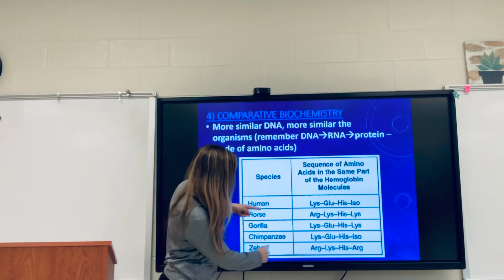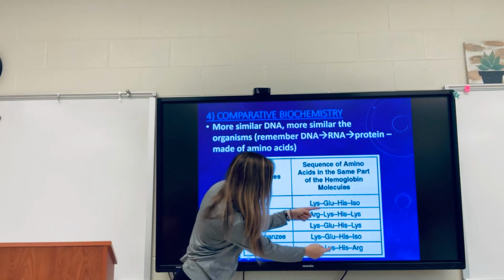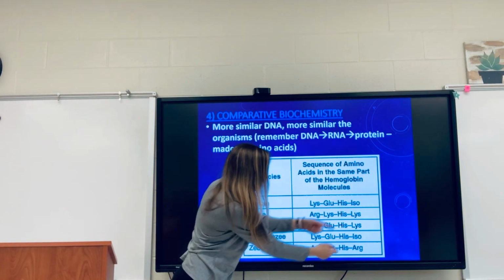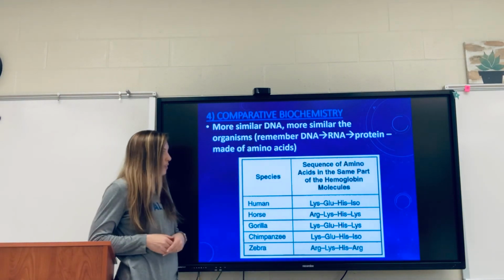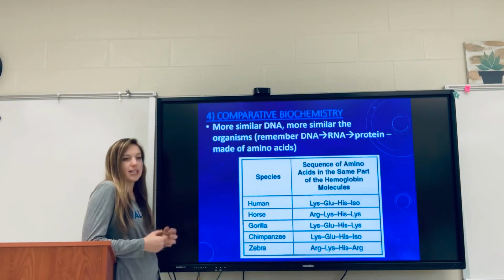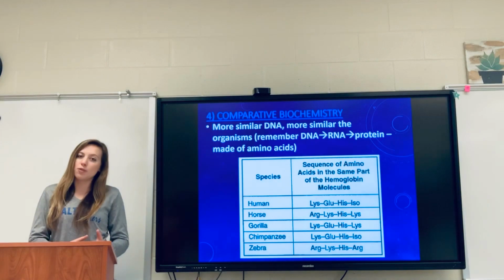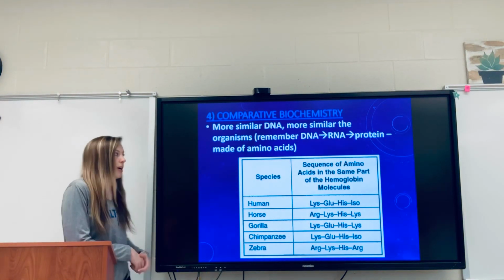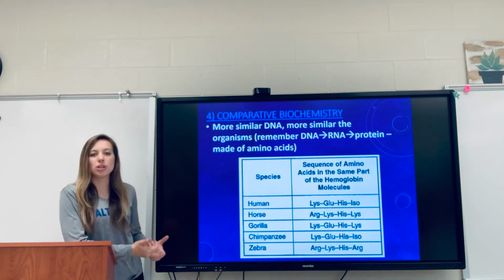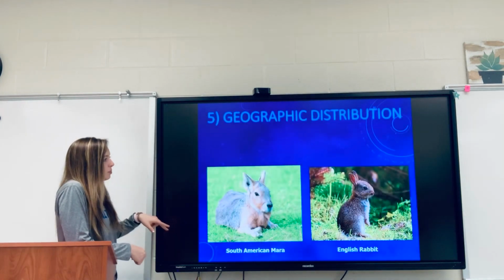And then we see the horse and the zebra are the same, and then their last amino acid is different. So we can see the similarities, and so the more different that their DNA is, the more different that the organism will be.